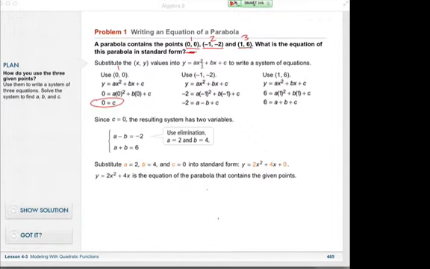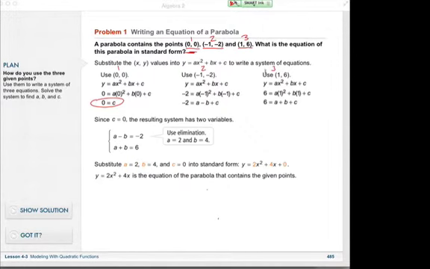Then we'll use the second point, where x is negative 1 and y is negative 2, and do the same thing. Y is negative 2, x is negative 1, so we have a times negative 1 squared plus b times negative 1 plus c. Simplifying that, remember negative 1 squared is positive 1. We end up with negative 2 equals a minus b plus c.